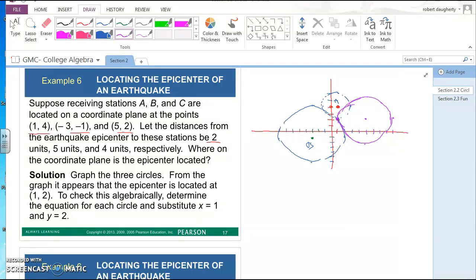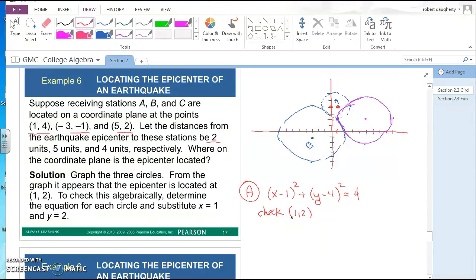So if it looks like those are coming together at (1, 2), let's check and see if that's the center of this earthquake. That would have to lie on all 3 circles. So let's write the equations of each circle. Equation A: I've got a circle that's centered at (1, 4), so that's (x minus 1) squared plus (y minus 4) squared equals, it has a radius of 2, so 4. Let's check the point (1, 2).